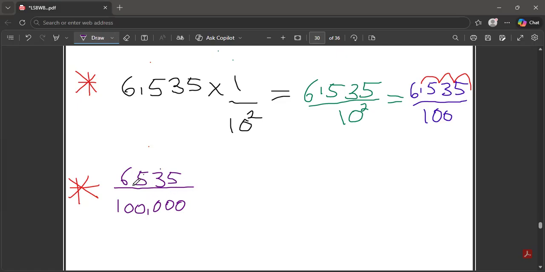In a simplified form, it can also be written as 1307 over 20,000.